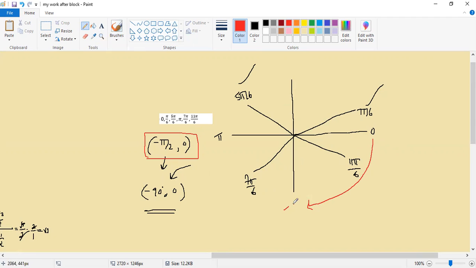So this would essentially be this range over here. This would be negative 90 degrees, or in other words, negative pi over 2. So this would be the range that we're most concerned with. And we notice that 11 pi over 6 does in fact fall between that range, but it is not 11 pi over 6 that is on this particular interval. It is an angle that is coterminal to 11 pi over 6.